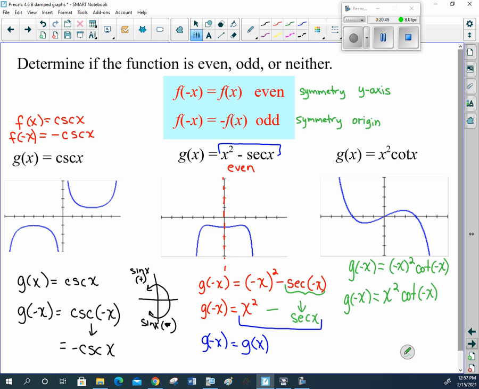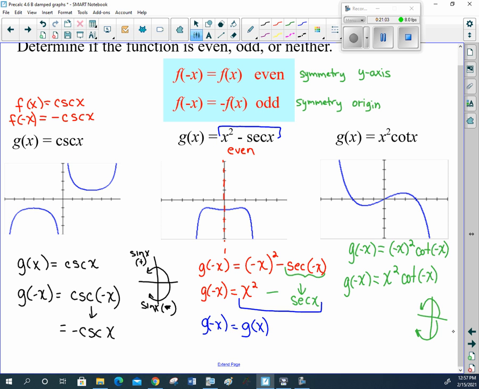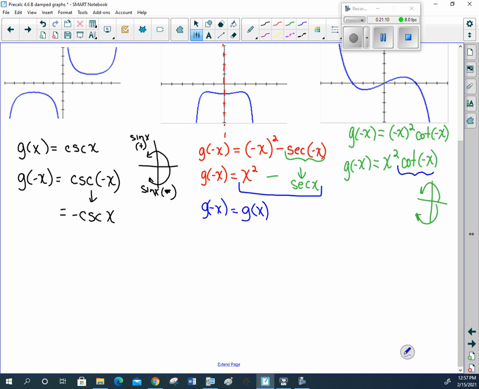What we're asking is, if I start here and I rotate this way and I rotate that way, do I get the same thing every time? You don't. Cotangent is going to be exactly opposite. So this piece right here is equivalent to cotangent of x.